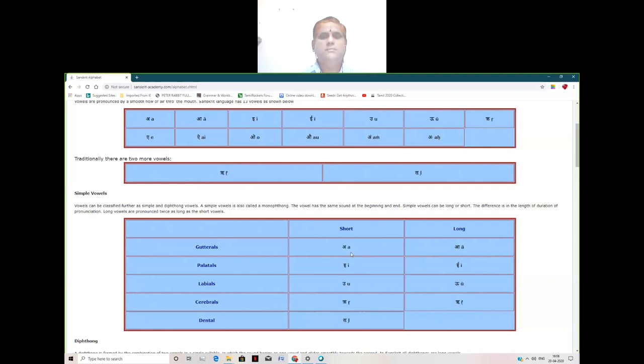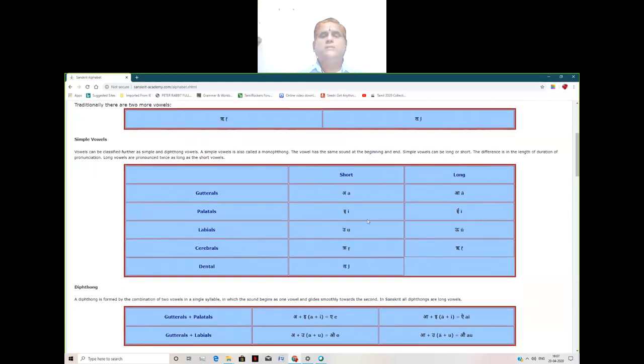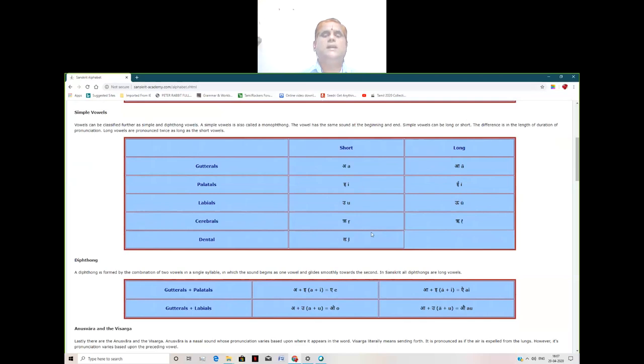Are you able to hear the sound? Likewise, it is called 2 seconds. E, E, O, O, R, R. So you are able to pronounce the difference between short letters and long letters.